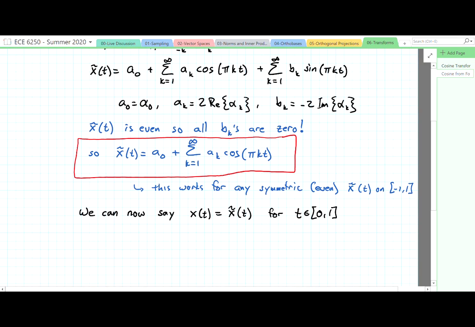So that means we can build up any function on the interval 0 to 1 using just cosines.